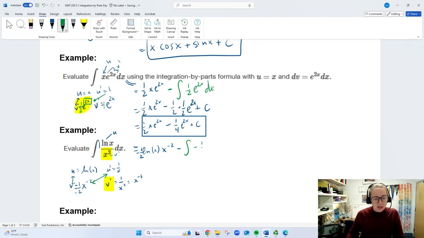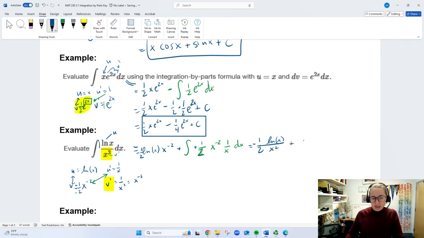And so I'll have negative 1/2 x to the negative 2 times 1 over x dx. And if we start to simplify that out, first of all, I have 2 negatives. That's going to be a positive. I'm just going to write this as my x squared on the denominator right there.